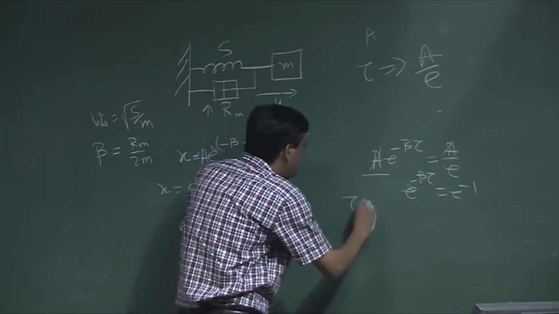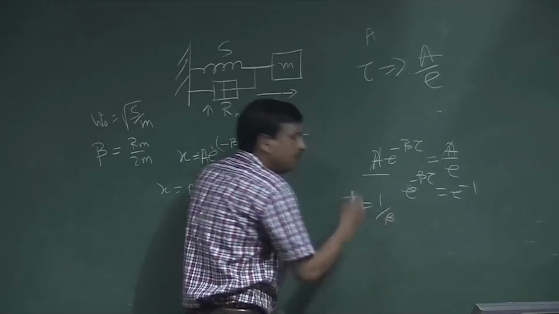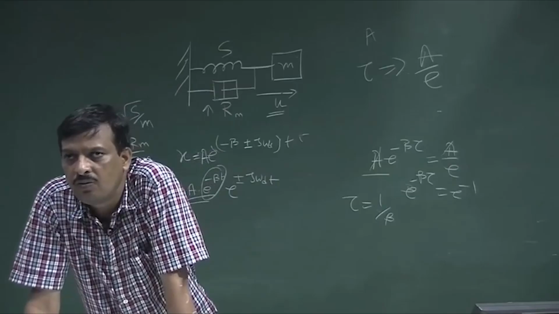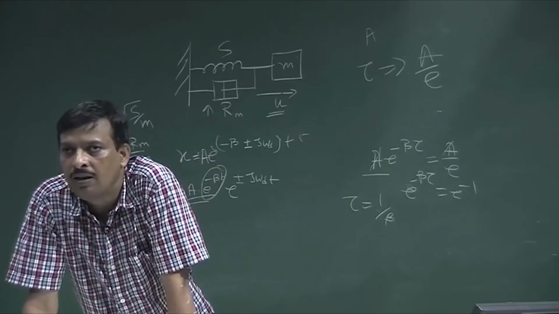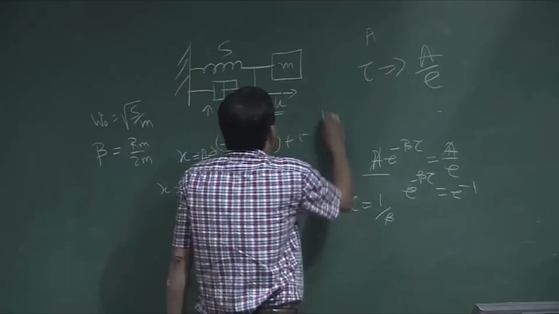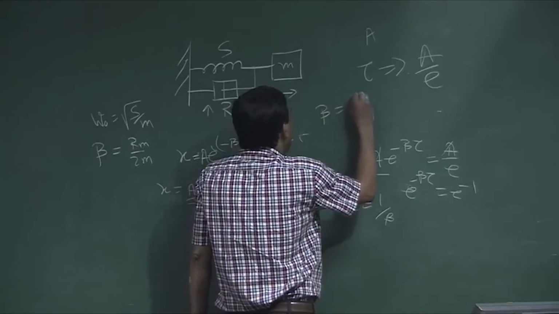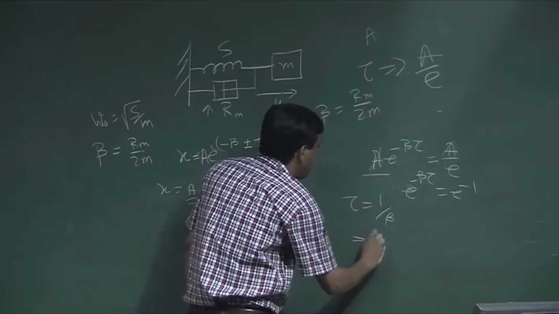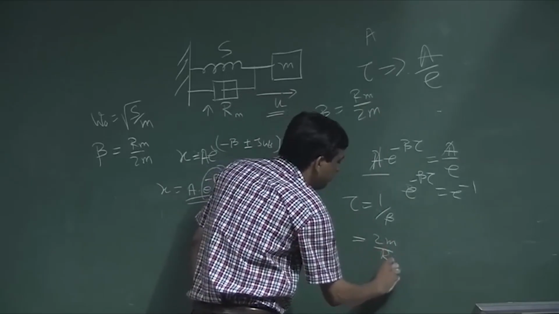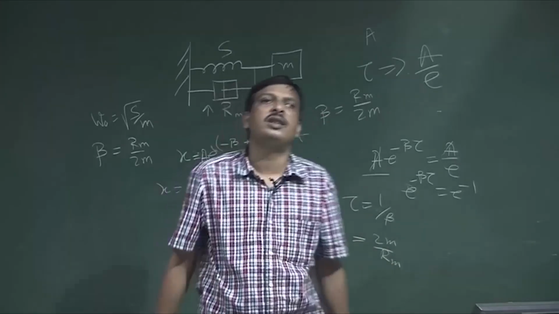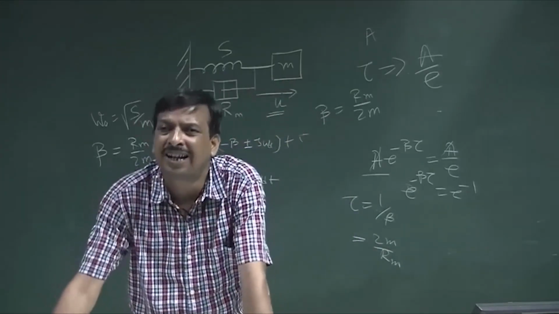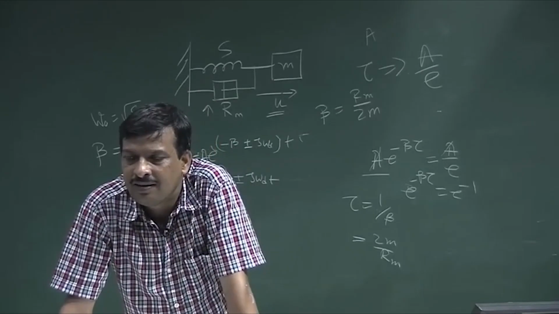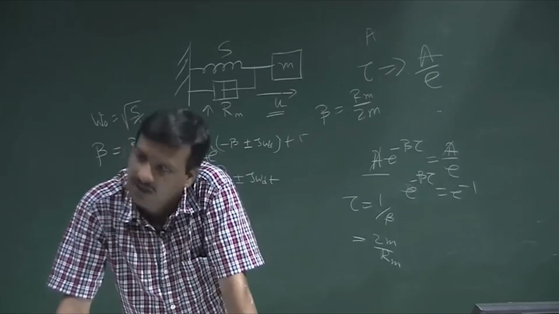So, tau is nothing but 1 by beta. So, characteristic time is defined as 1 by beta. Now, beta is nothing but Rm by 2m, so tau is nothing but 2m by Rm.